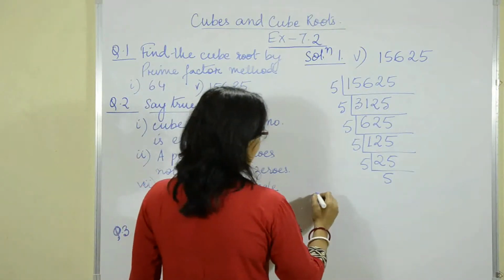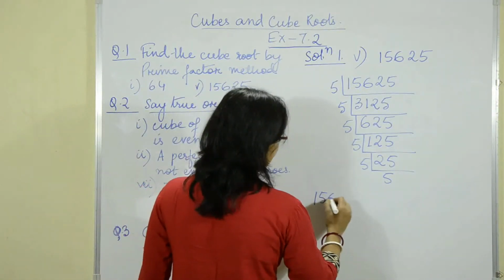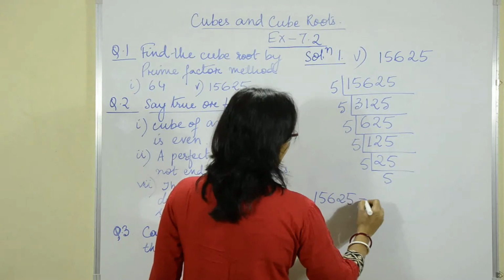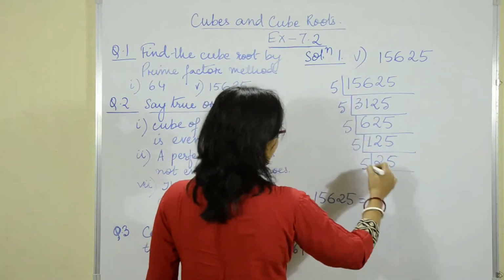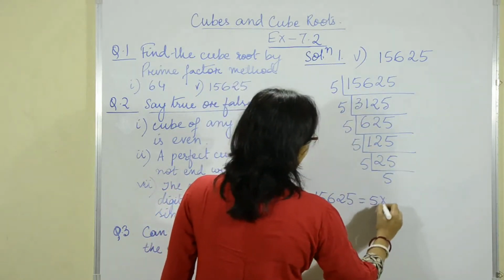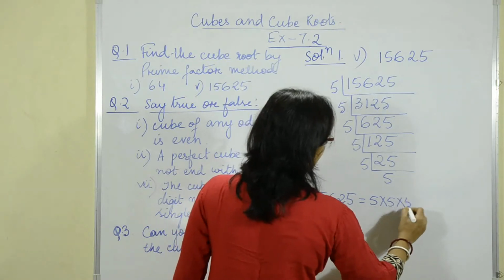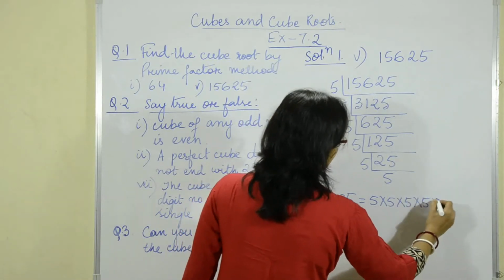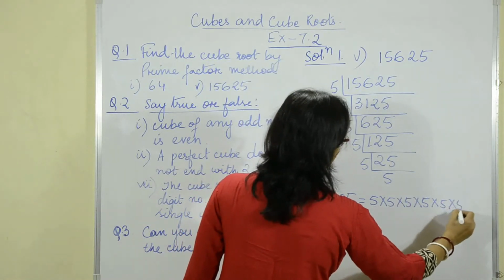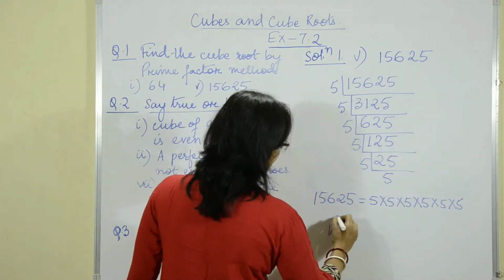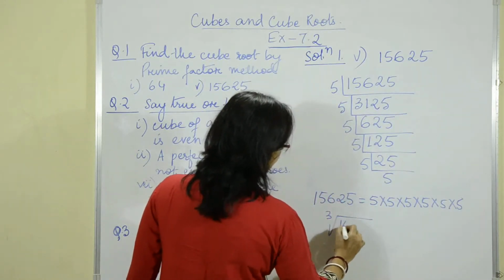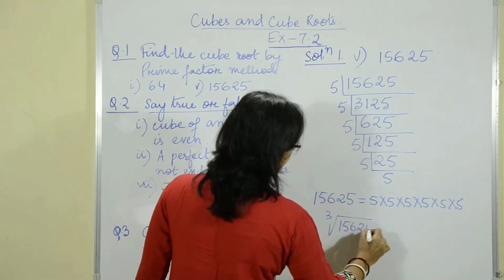Now again I need 15625. What do I have? 1, 2, 3, 4, 5, 6, I have 6 times 5 as the factors of 15625. Now I need the cube root of 15625.